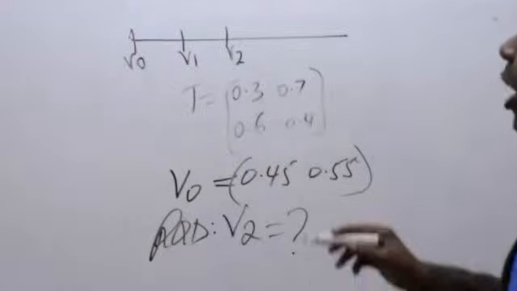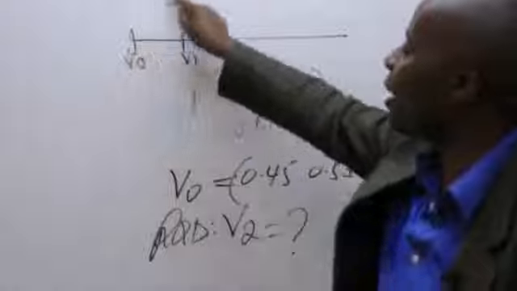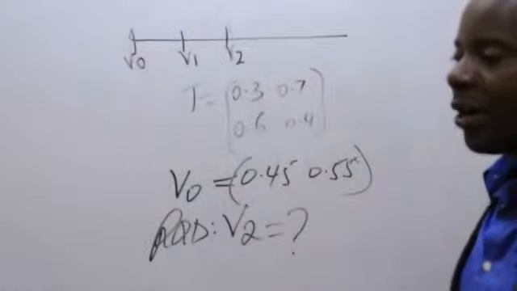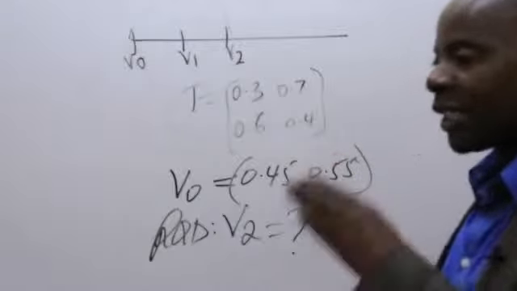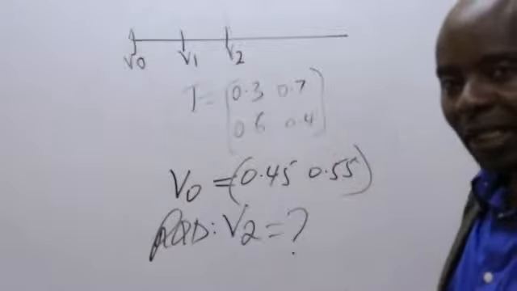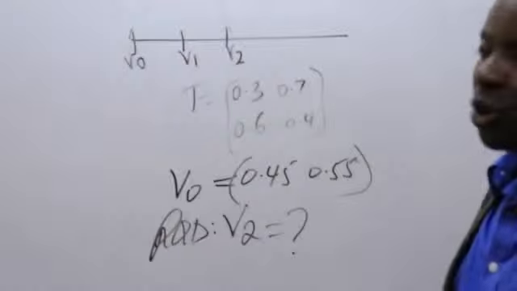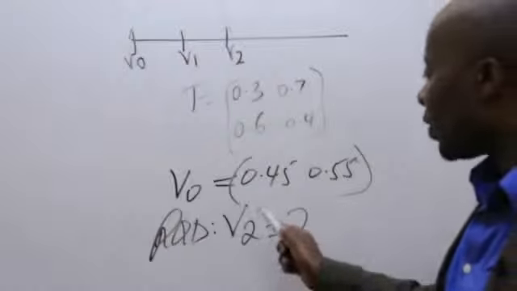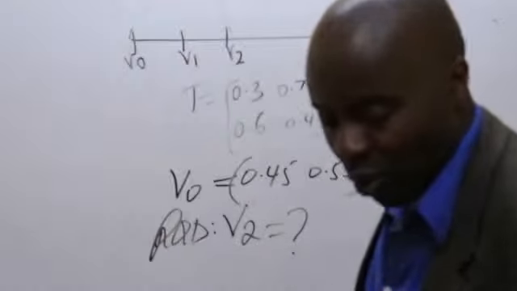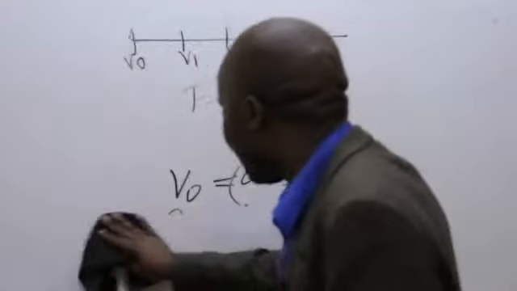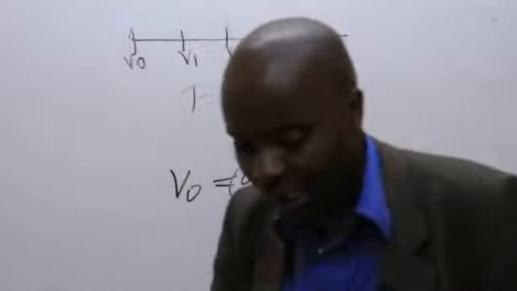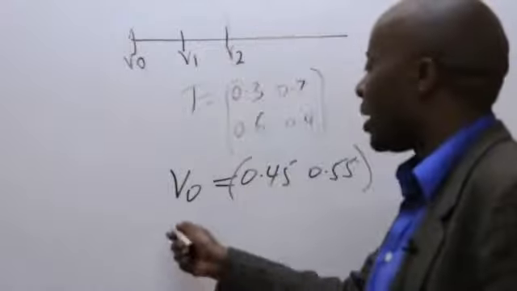So there is no way you can predict directly from vector 0 to vector 2. From vector 0 we can only get vector 1, and vector 1 can only give birth to vector 2. So even if the examiner has asked me to get vector 2, there is no way I'll jump like that. Markov systems don't allow that. So what I need to do is to give them vector 1 first.